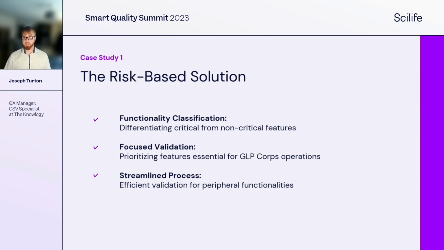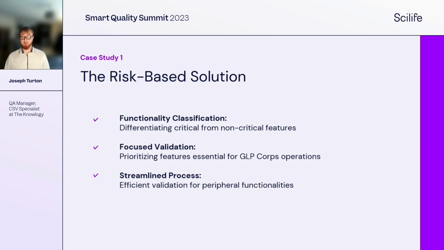Critical functionalities such as sample management, data integrity, and report generation were given the utmost priority due to their impact on compliance and quality control. On the flip side, functionalities like user interface enhancements or notification preferences were classified as non-critical. These elements, while enhancing the system's usability, didn't have direct influence on data accuracy or regulatory compliance.